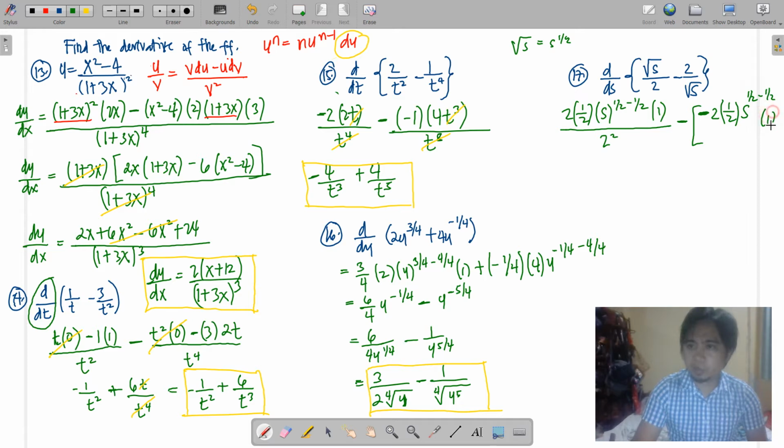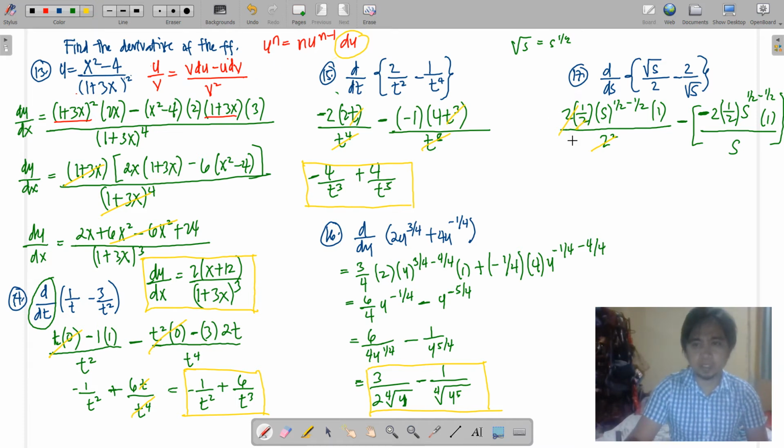Okay, kahit may 1 dyan, wala namang bearing yan. Okay, so divided by square root of s raised to 2 is s. So in here, cancel naman yung isang 2 dyan.